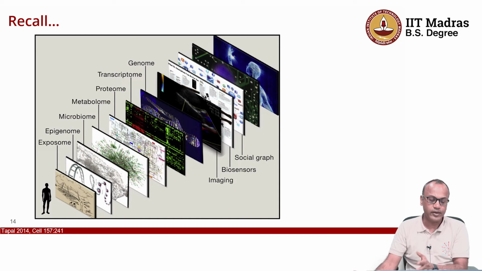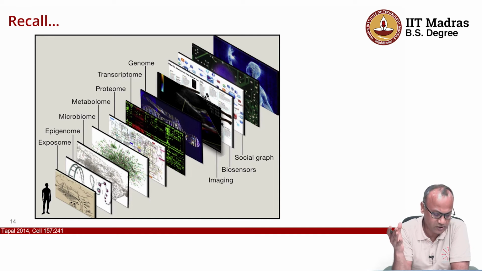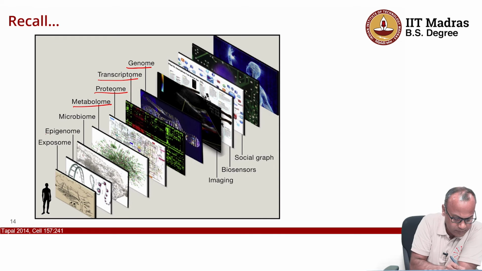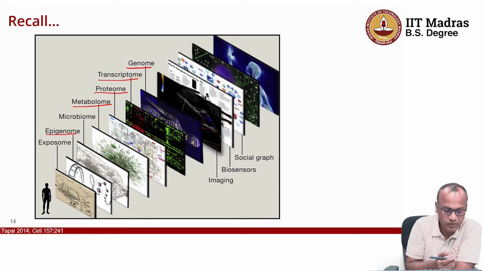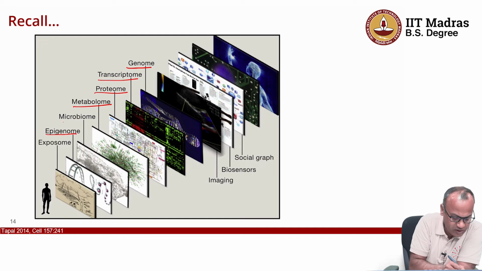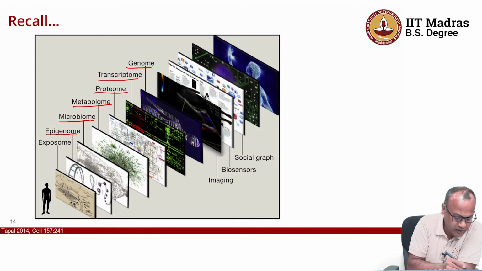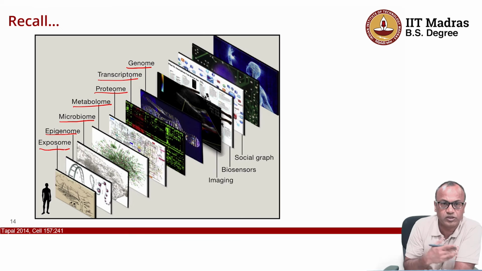So, just to end the multiomics discussion, these are the layers that we talked about today: genome, transcriptome, proteome, metabolome, and epigenome. Apart from that, there are a few others, like for example microbiome, which we will not cover a lot, but microbiome analysis is becoming more and more common. Exposome is something that you are exposed to.